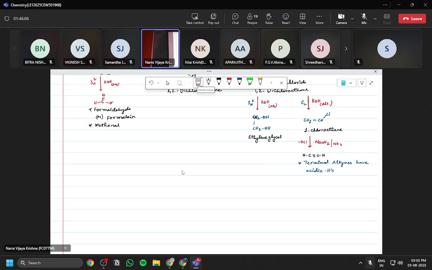It cannot remove HCl from the more electronegative carbon. The s-character is enhanced, and as s-character is enhanced, breaking that bond becomes tough. Therefore, I have to use an even stronger base. NaNH2 is a stronger base. Instead of alcoholic KOH, if I use NaNH2 in the beginning itself, then you will directly get the alkyne.